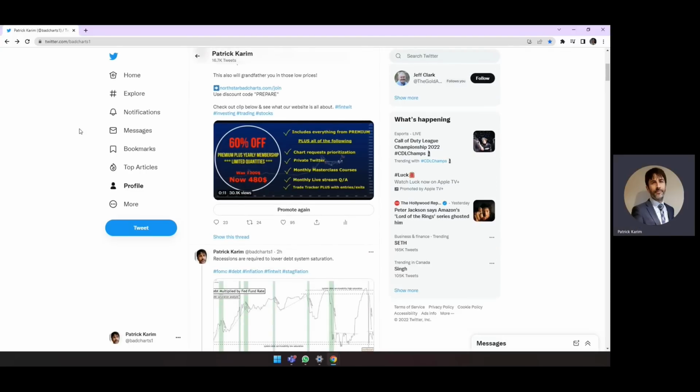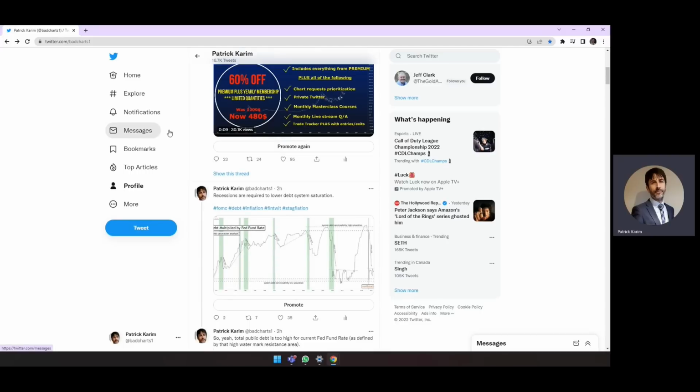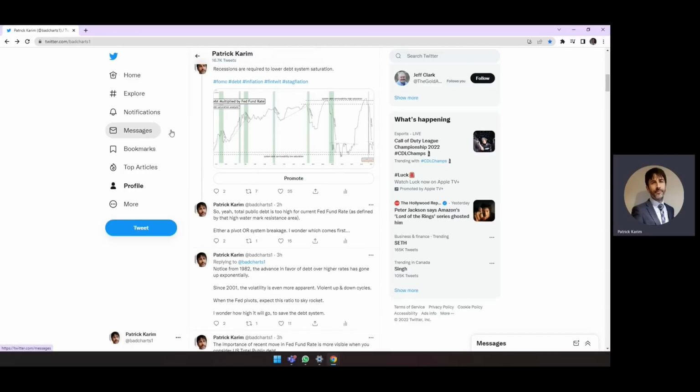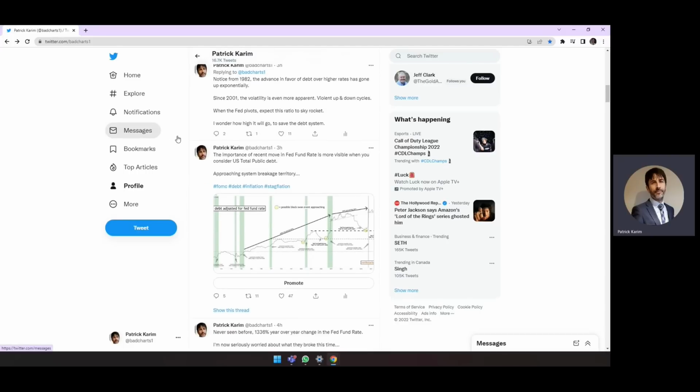Without wanting to sound too dramatic, I'm going to show you a couple of charts, and these 4 charts are a way to represent or visualize where our debt system is. There's the total U.S. public debt, and then there is the cost of servicing that debt, which is set by the Fed fund rate, the overnight lending rate.